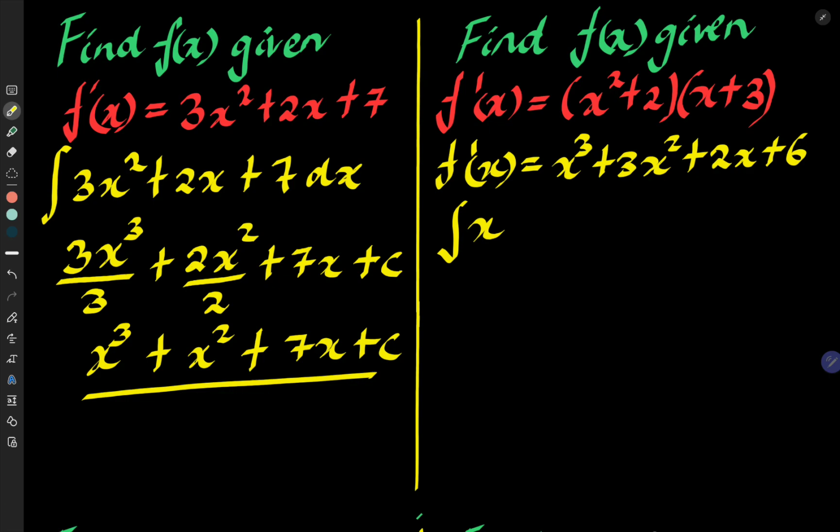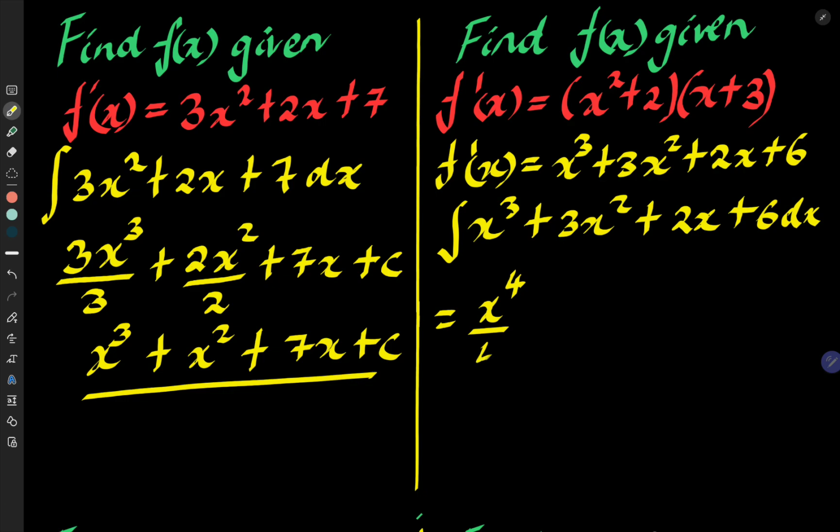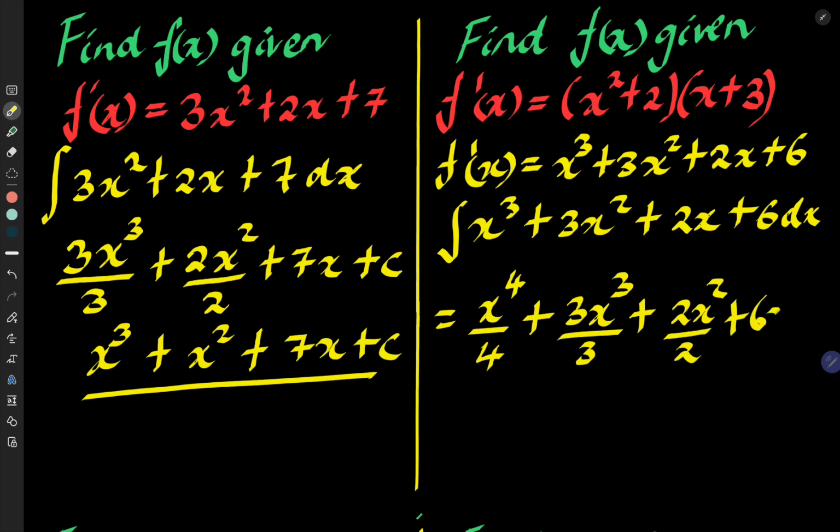So the integral of x cubed plus 3x squared plus 2x plus 6, so here you need a dx, will be equal to, remember, add power, x to the power 4 divided by 4 plus 3x cubed divided by 3 plus 2x squared divided by 2 plus 6x plus a constant c.